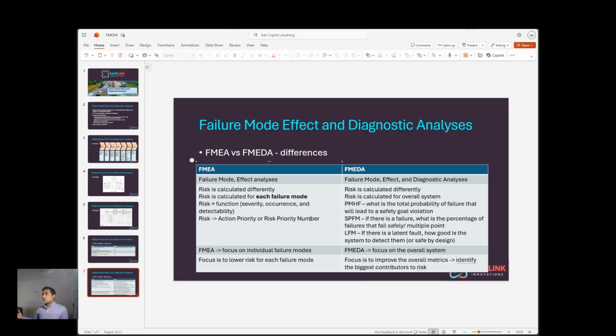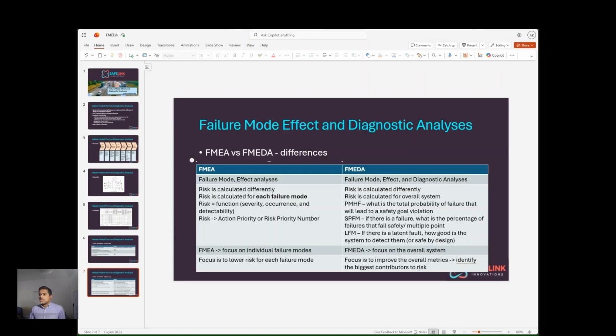Then there's detectability. What can I do to lower the detectability? I can add some diagnostics to detect the failure and react to the failure. That way, I'm lowering the risk for an individual failure mode. So FMEA is focused on individual failure modes.